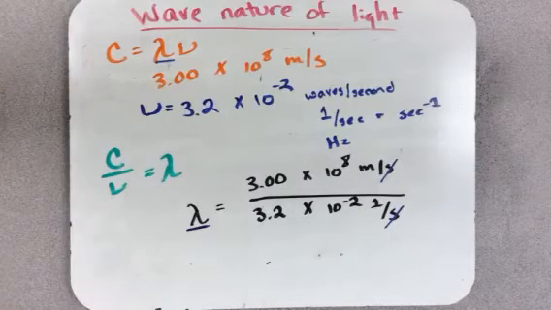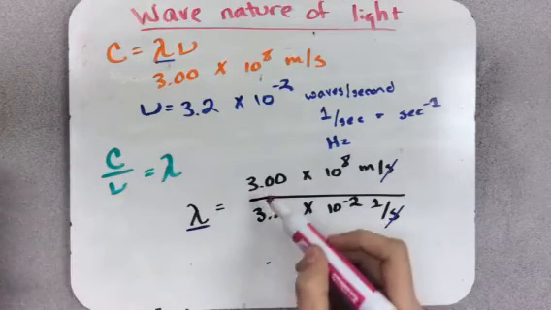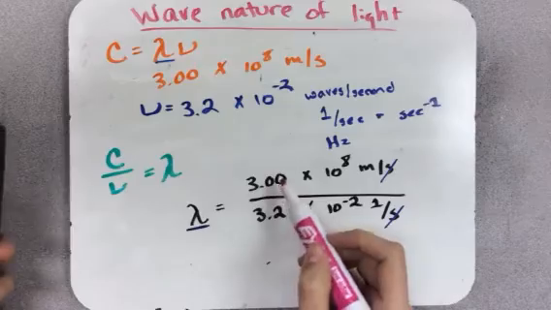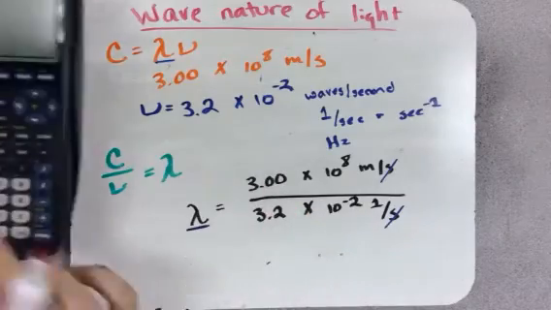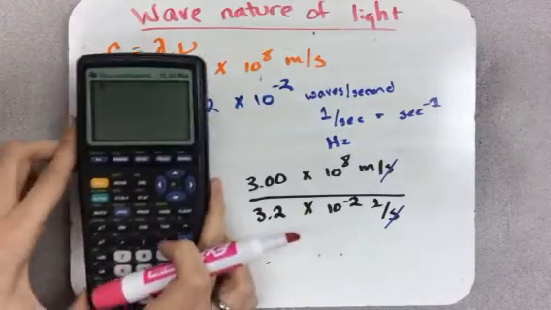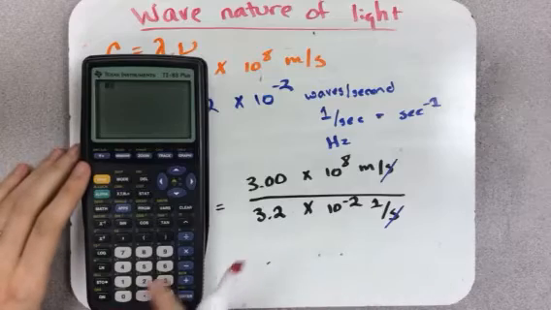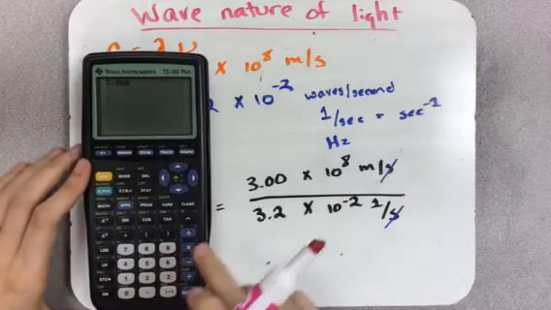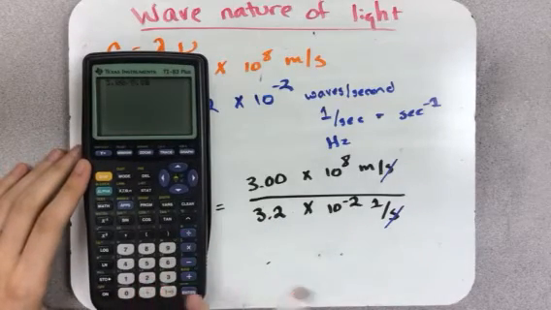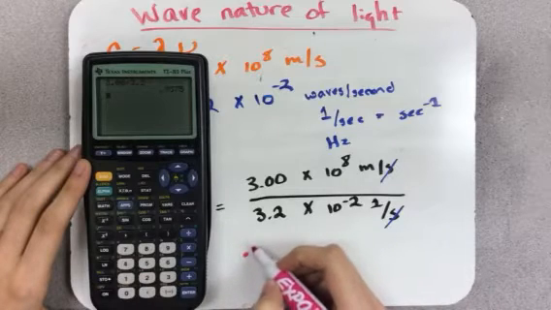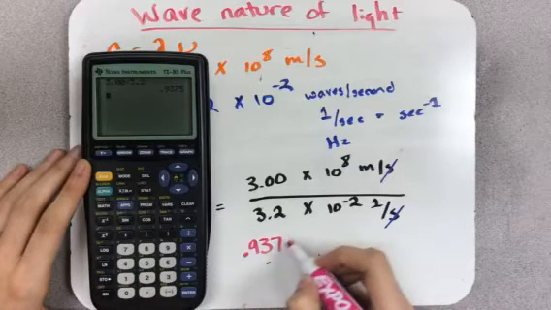Remember that when you are doing scientific notation and you have a division problem, you do the coefficients, so 3.00 divided by 3.2. You can do that on your calculator. 3.00 divided by 3.2 gives me 0.9375.